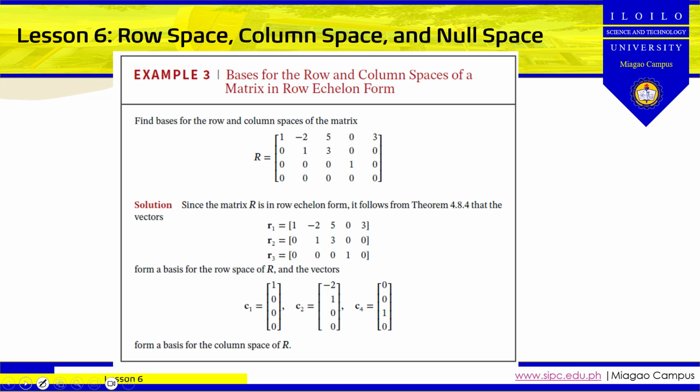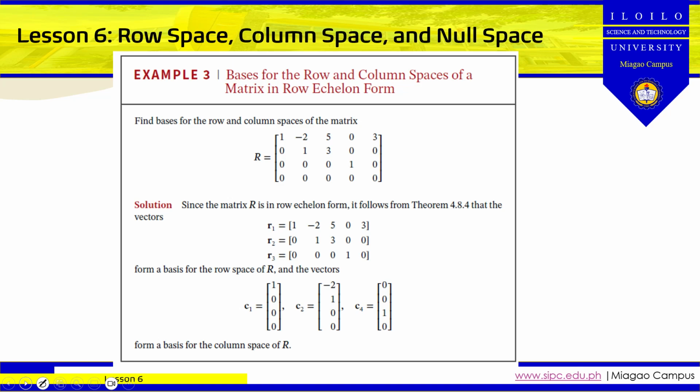As you can see here, we already have a given matrix in REF form. Since the matrix R is in REF, it follows from Theorem 4.8.4 that the vectors r sub 1, r sub 2, and r sub 3 are row equivalent and also have the same null space.